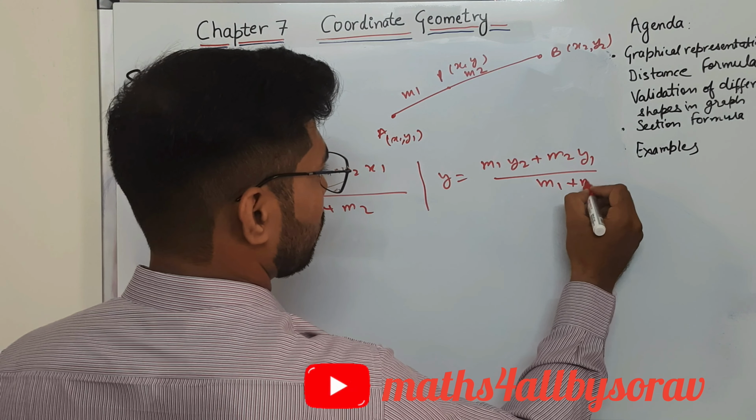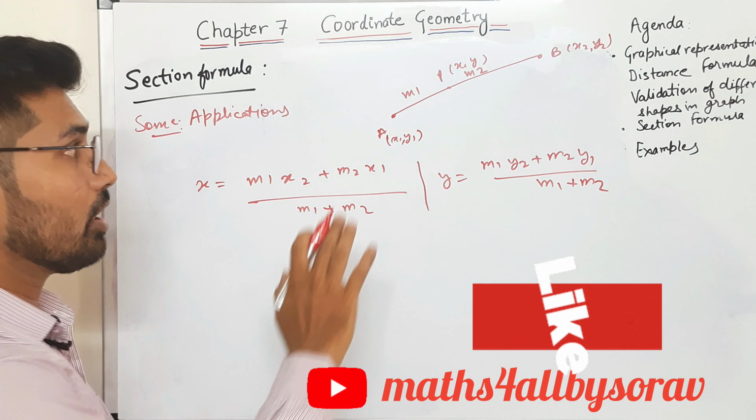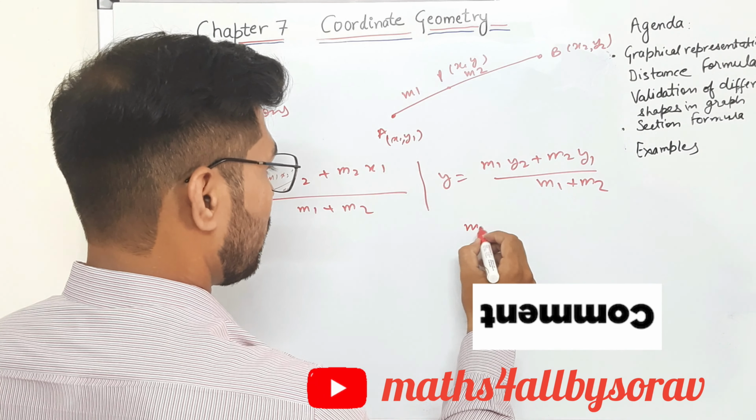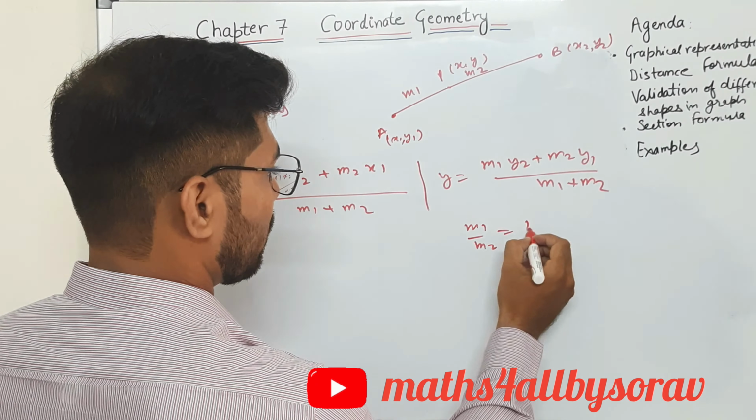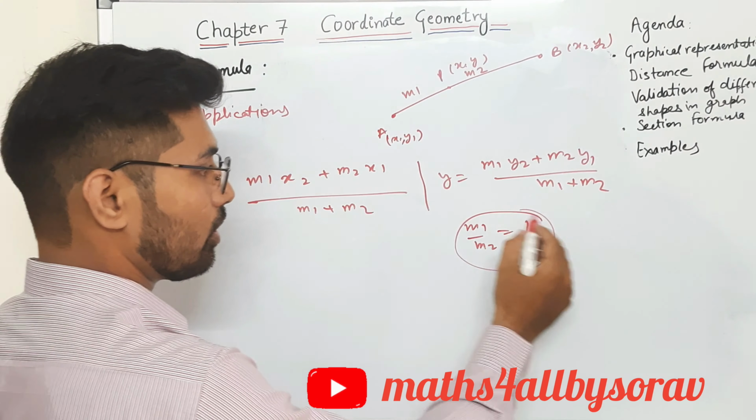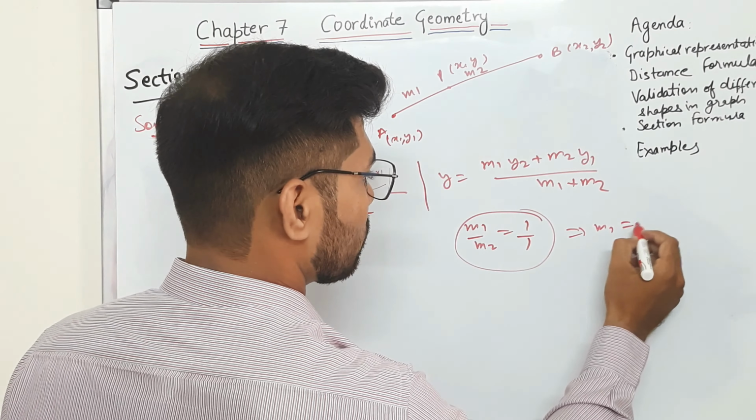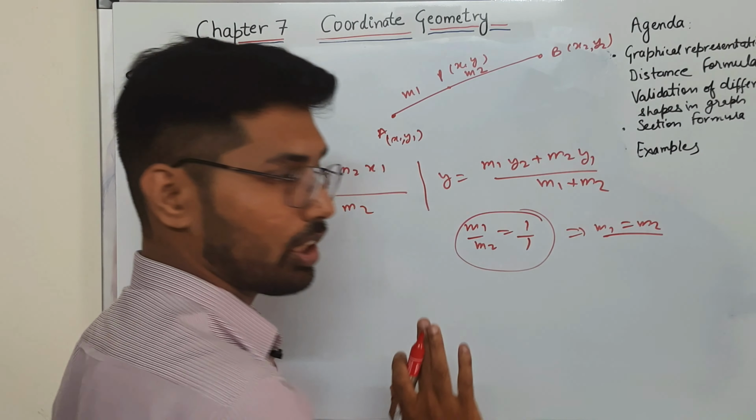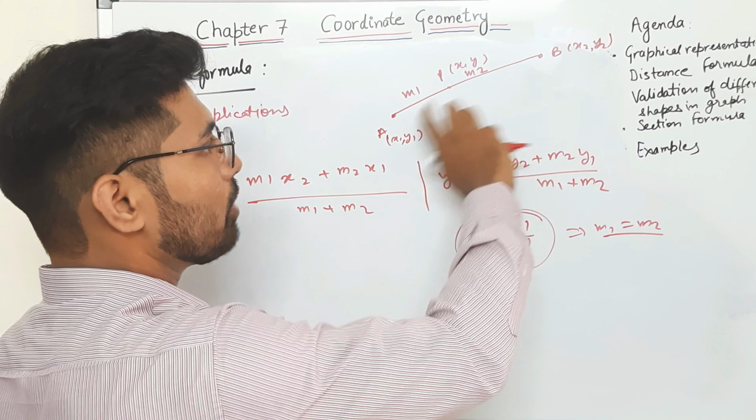This one we know. Now let's suppose the ratio m1 to m2 is 1:1. Let's suppose both are equal, which implies that m1 is equal to m2.